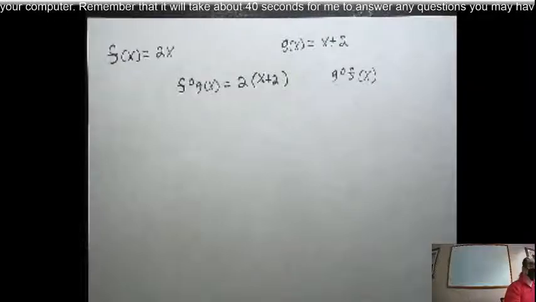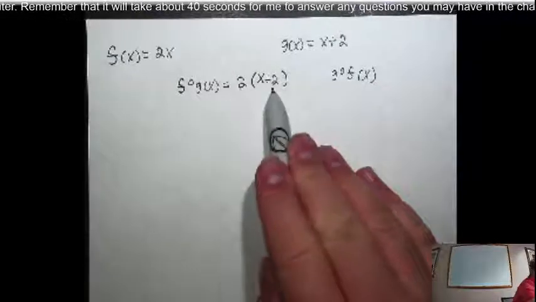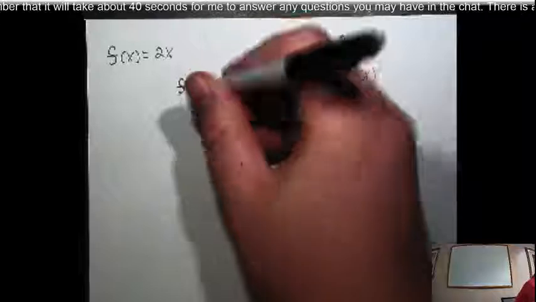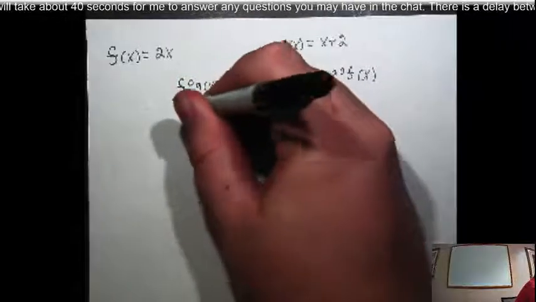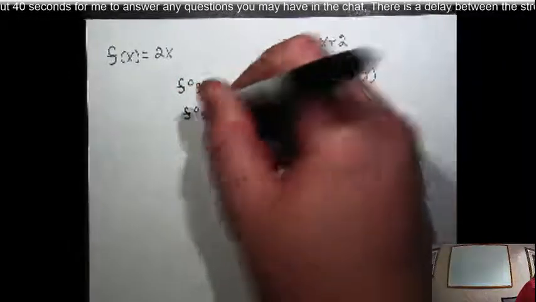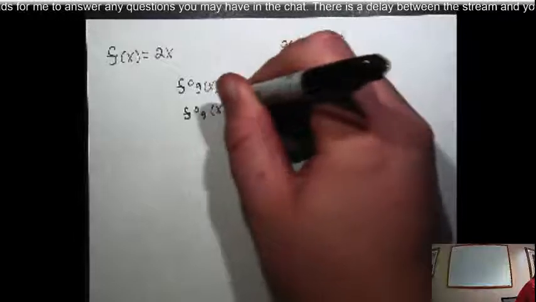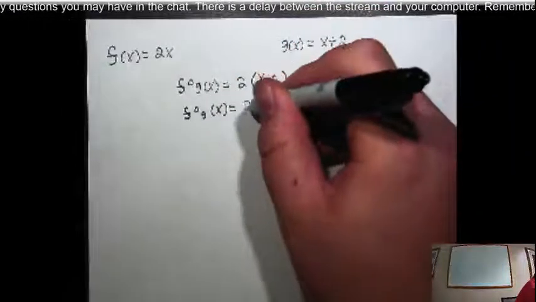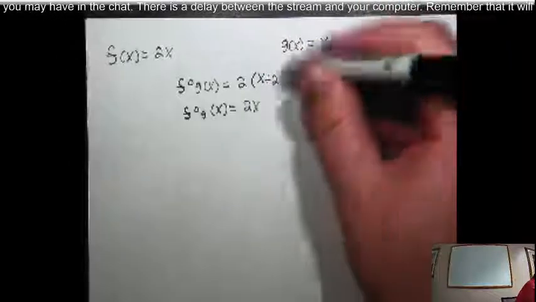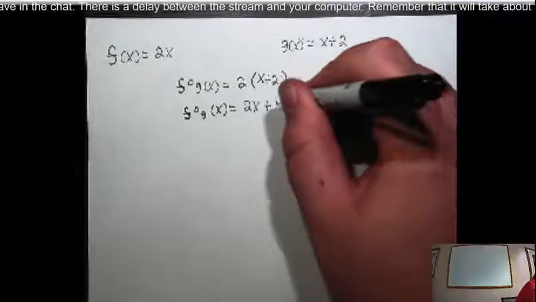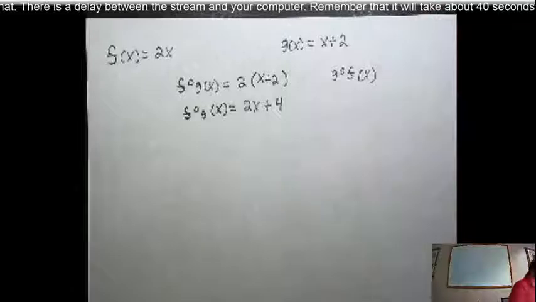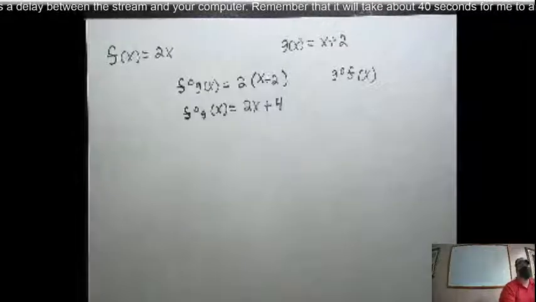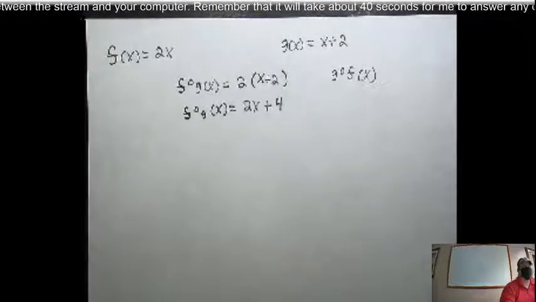And we can simplify that, of course. 2 times this would be f composed of g of x equals, 2 times x is 2x, 2 times 2 is 4. So there would be the f composed of g.